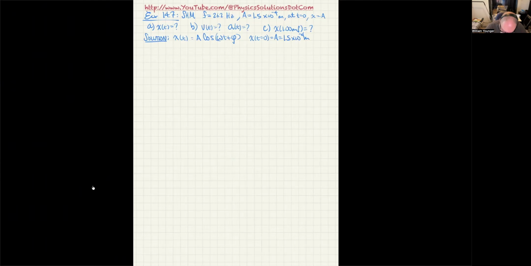So that's something that can come in handy. And they didn't really tell us what the velocity would be at t equals 0. But obviously it'd be something, but we might be able to figure that out. We actually already know what it is.